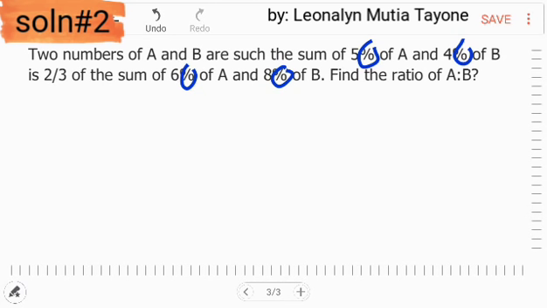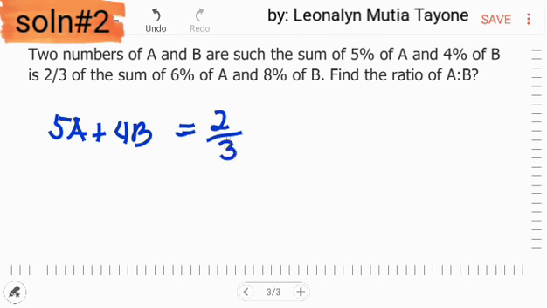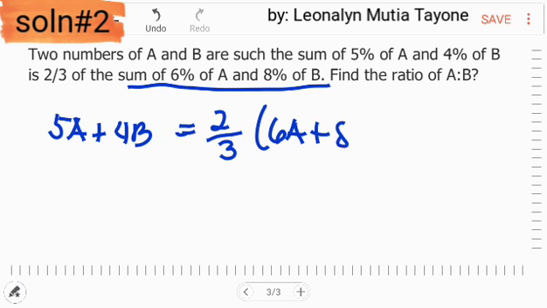It goes like this. We know that the sum of 5% of A plus 4% of B is 2/3 of the sum of 6% of A and 8% of B. The simplest thing to do is 5A plus 4B, delete this first, is 2/3 of 6A plus 8B.